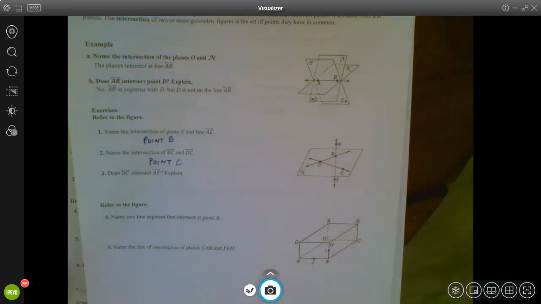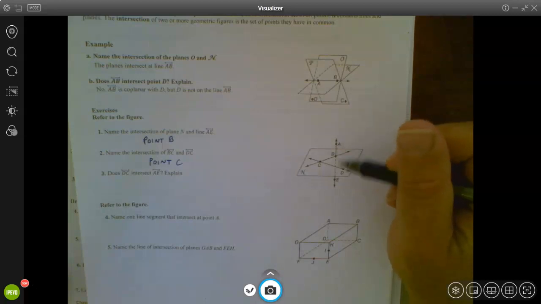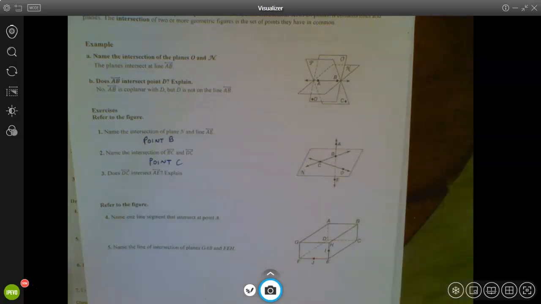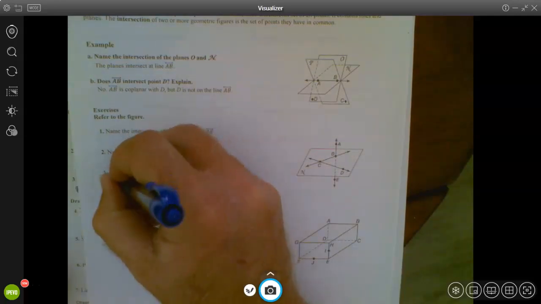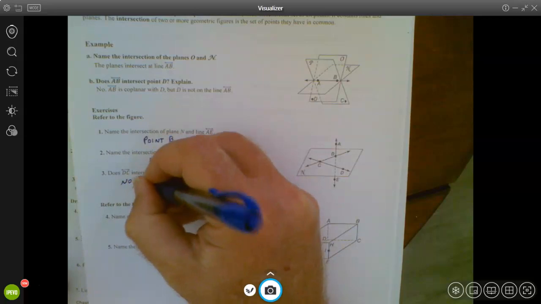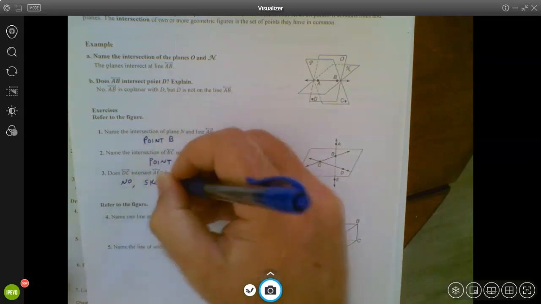They're not running the same direction, they're running different directions, and you can see one is off to the right, this guy's kind of more off to the left, and so these guys are what we call skew. Skew lines never intersect, and so if you look at that, we would just have to say no. As far as an explanation, we could call them skew lines.